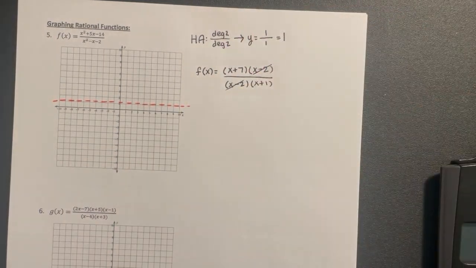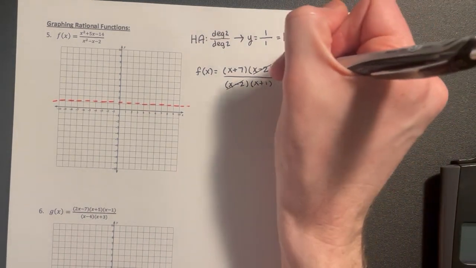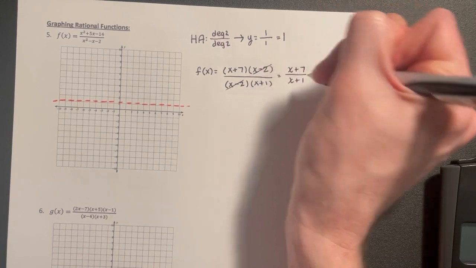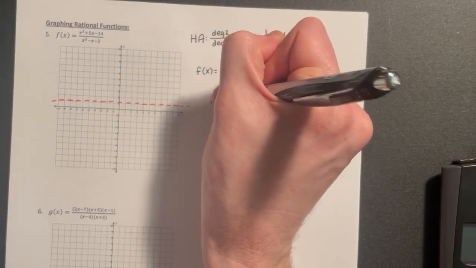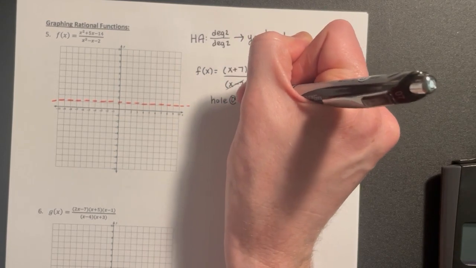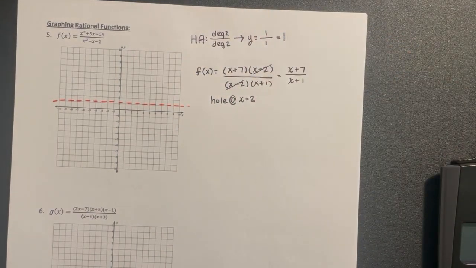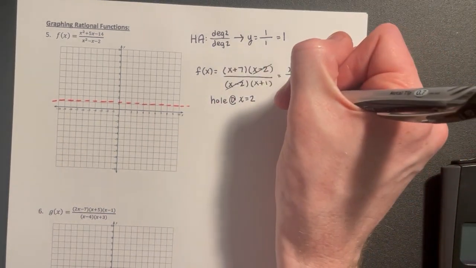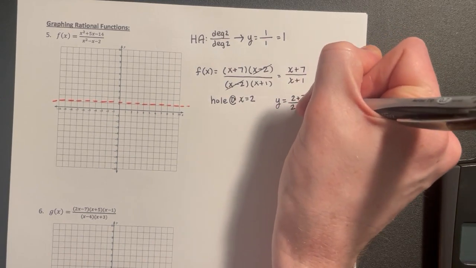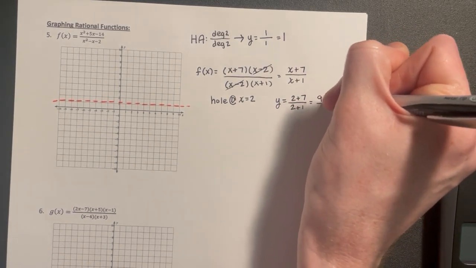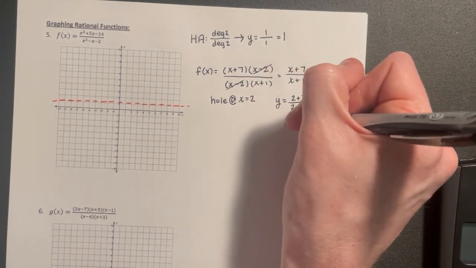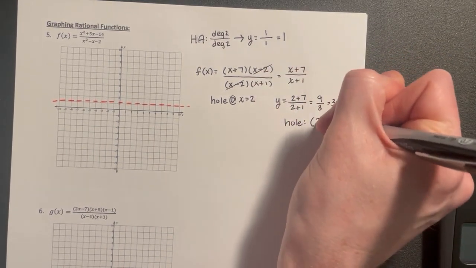So there's a common factor that creates a hole. That hole is happening when x is 2. And if I plug 2 into the x's of our reduced function, we get 9 over 3, which is just 3. So we have a hole that's sitting here at 2, 3.